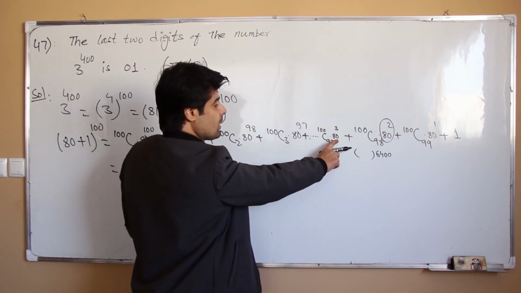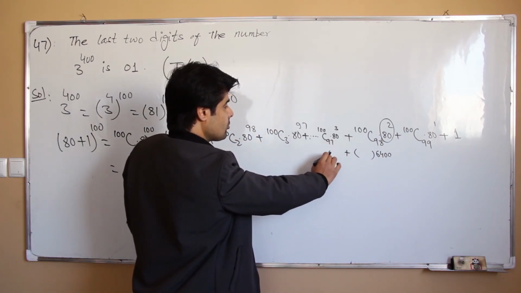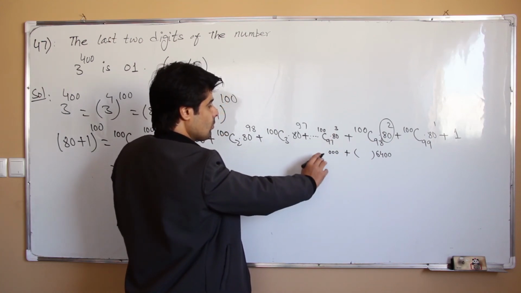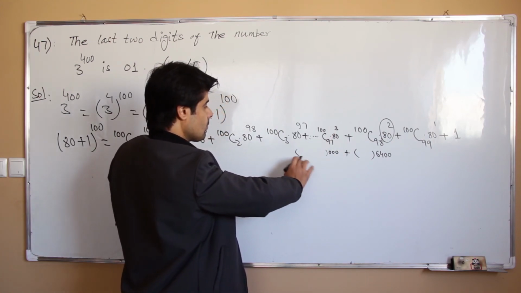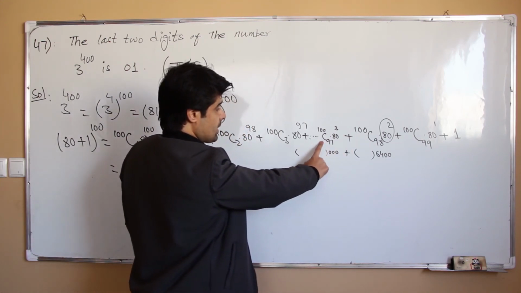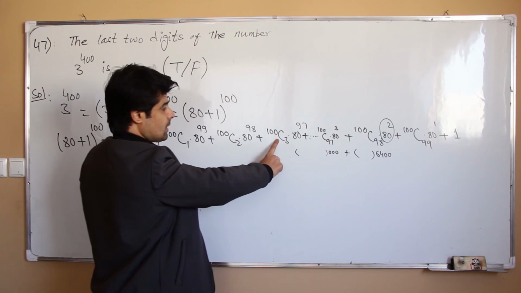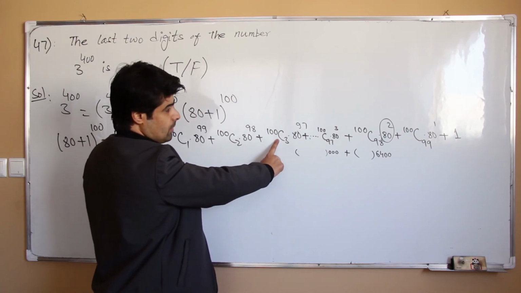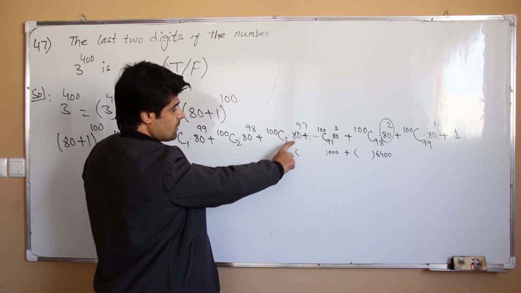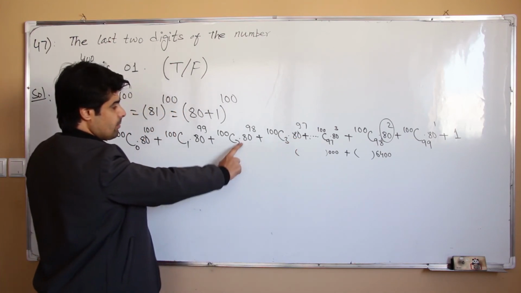How many zeros do we have here? We have 3 zeros with 80 to the power 3 and with something. This is a natural number. This is also a natural number with 3 zeros. This is a natural number with some zeros.